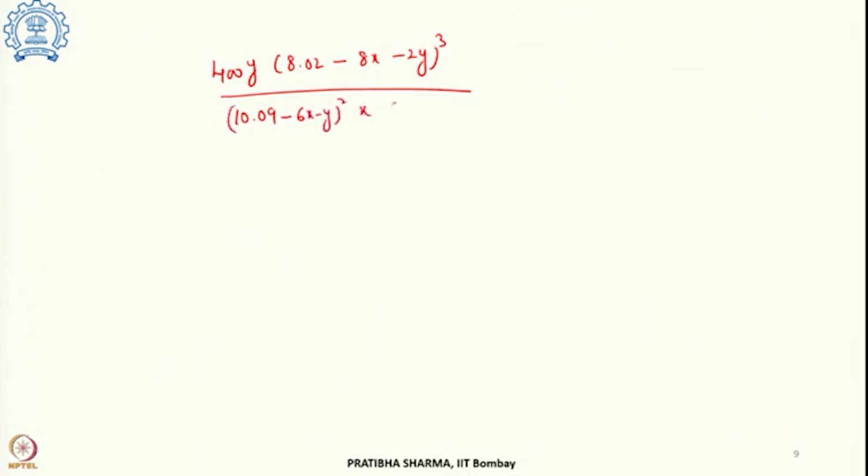So the two equations that we need to solve: y(8.02 minus 8x minus 2y) whole cube, divided by (10.09 minus 6x minus y) whole square times (1.04 plus 2x plus y), and that value was equal to the reforming constant, that was 1426.957.